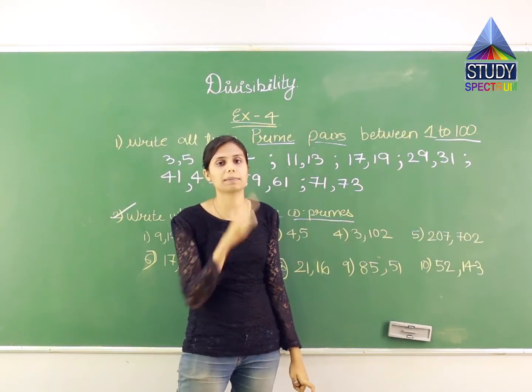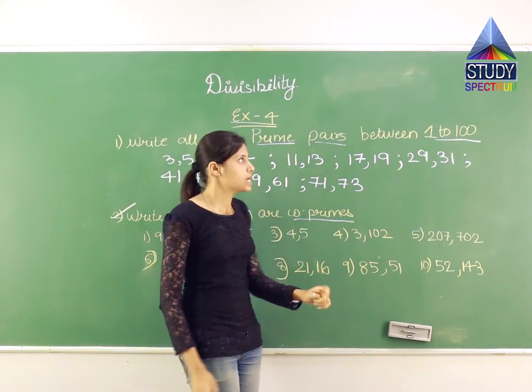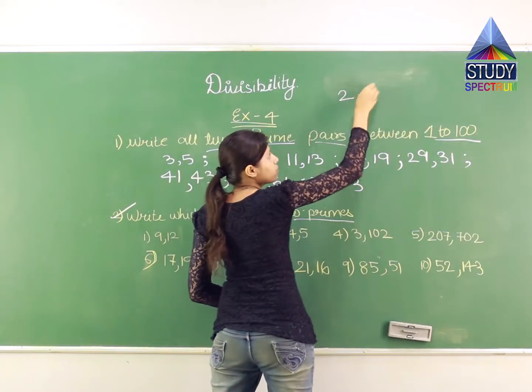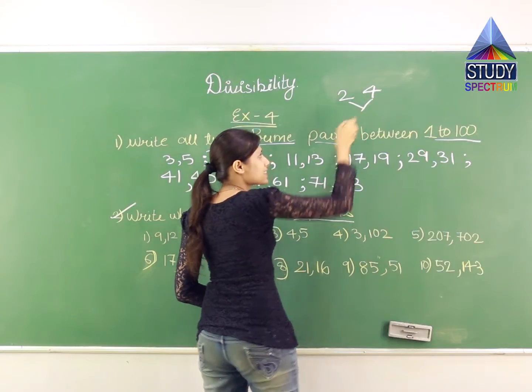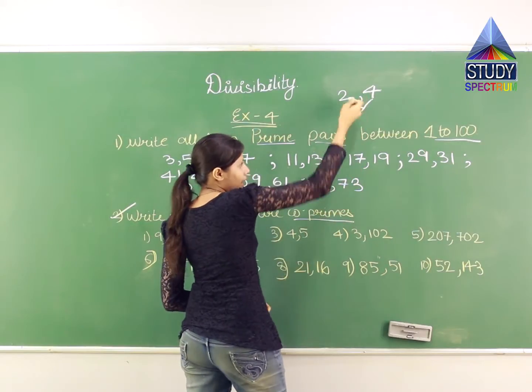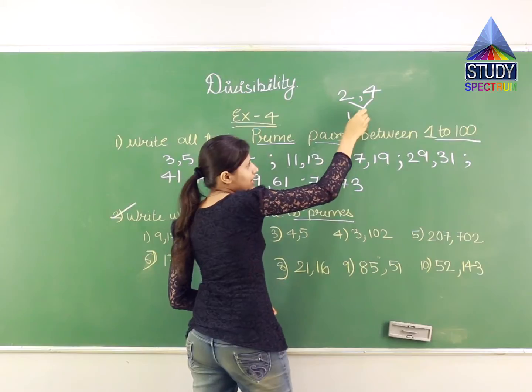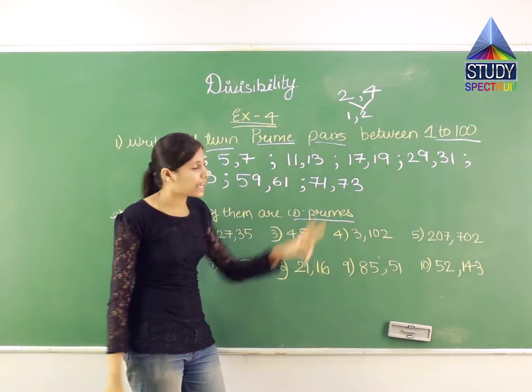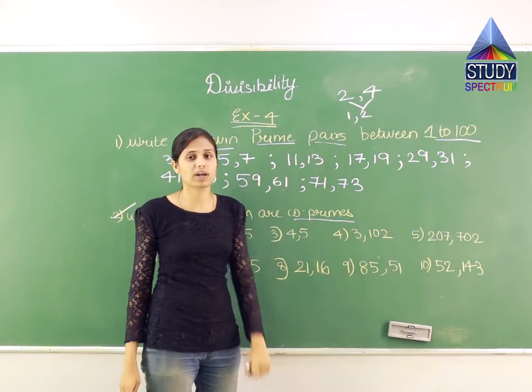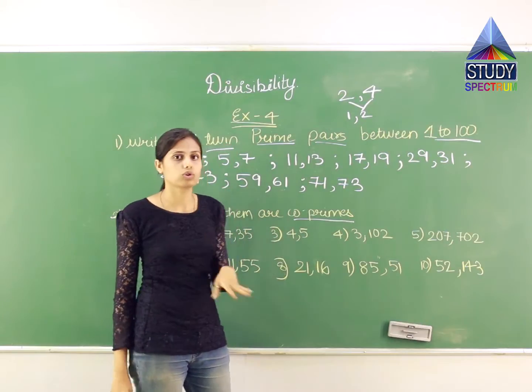That means they should not come in each other's table. Okay, see, if I tell you 2 and 4, in which tables do these both come together? You'll say they come in the table of 1, they come in the table of 2. So can you see the common factor I am getting is 1 and 2, that is 2. No, not allowed.